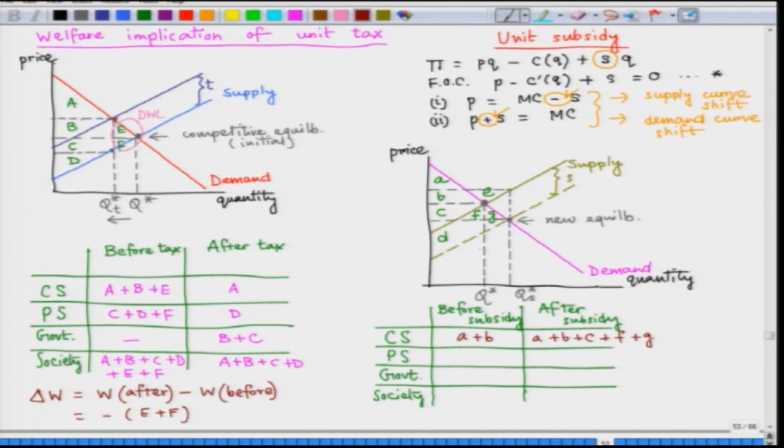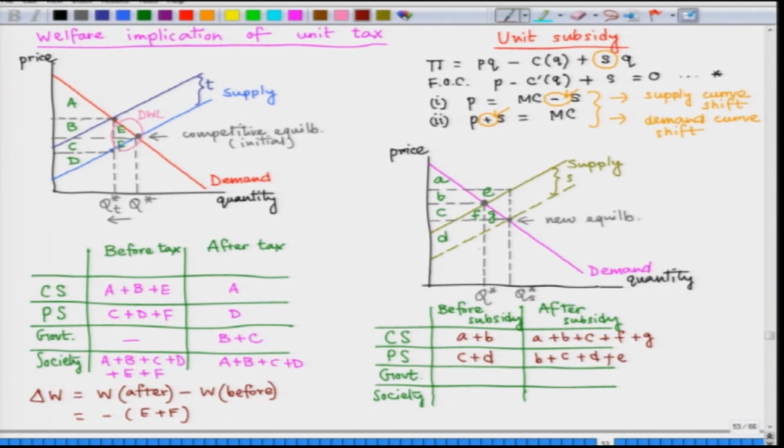right. Okay. So, now what happened to the producer surplus? Previously it was C plus D, and now after the subsidy is given to the farms, it changes to B plus C plus D plus E, right. Okay.